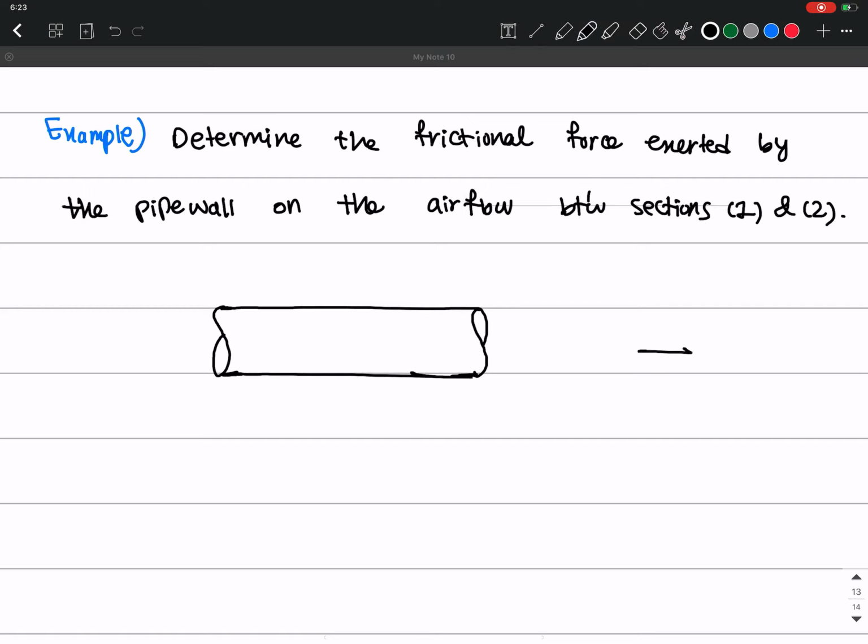This is our coordinate system, x and y. And then we have two sections here.